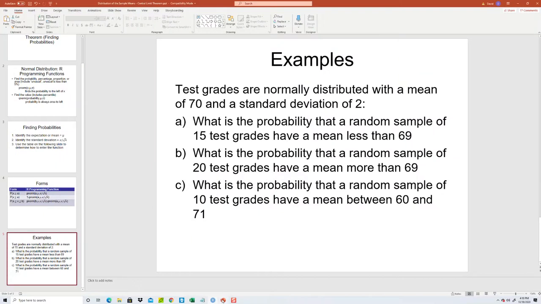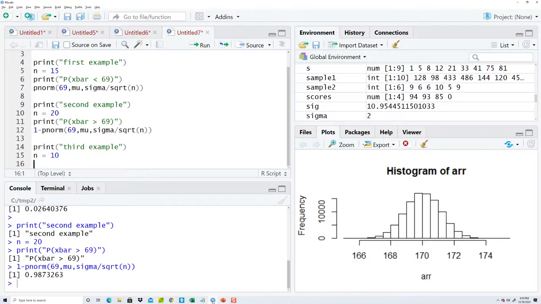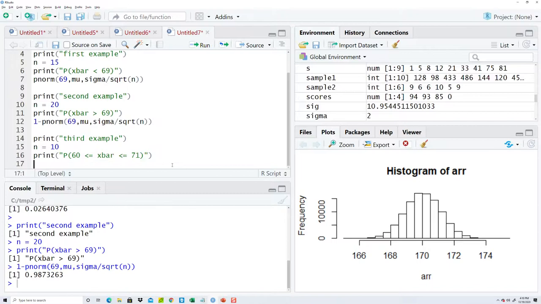Now, between two values, 60 and 71. Okay, so probability that our x bar is between 60 and 71, including 60 and 71.